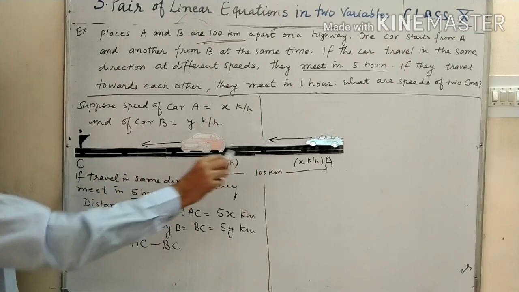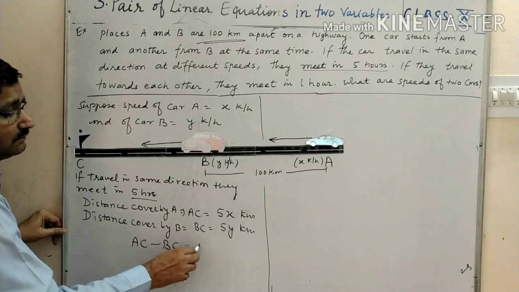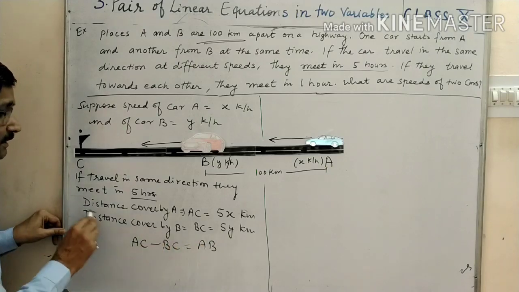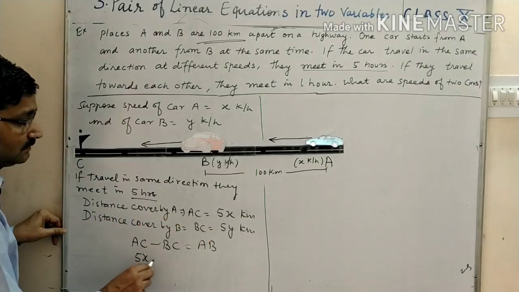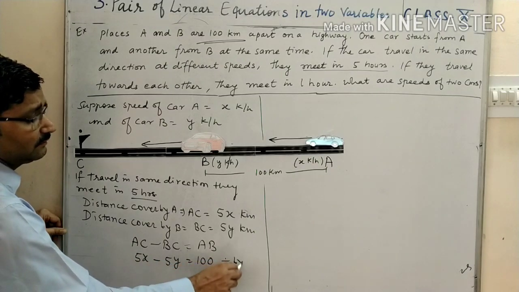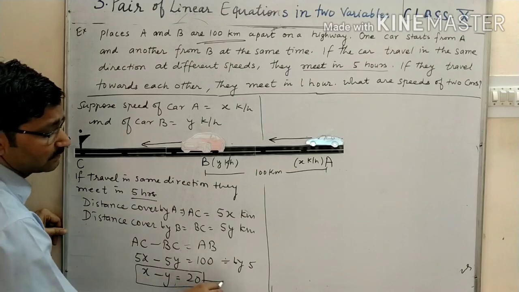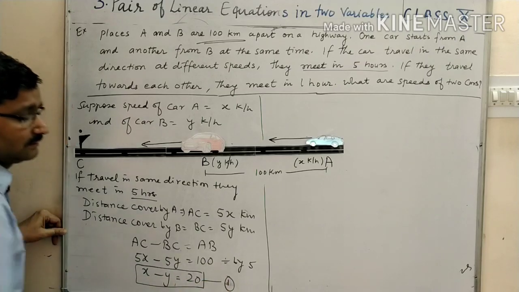So AB equals 5x minus 5y equal to 100, and you can divide by 5. So you get x minus y equal to 20. This is equation number 1.